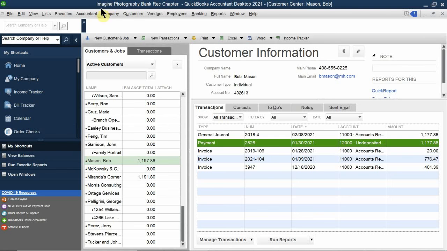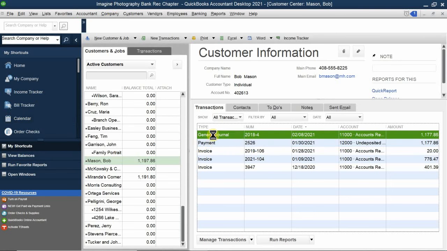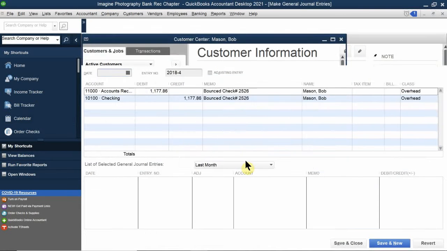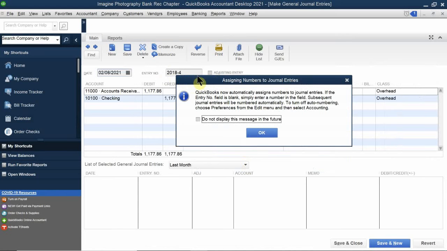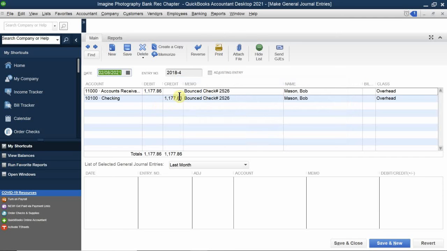If you take a look here, they even recorded a general journal to fix this mistake. They transferred the money from checking and put it back to accounts receivable, because they owe me the money now.